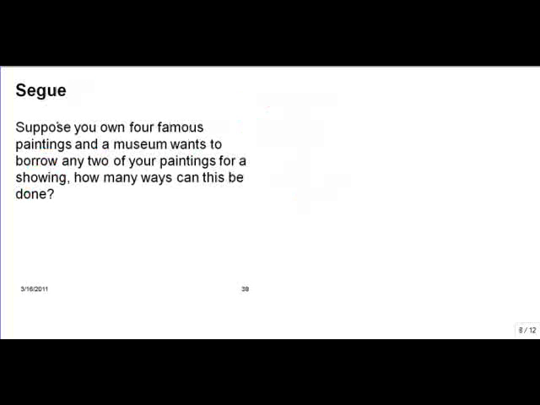So now let's take a look and go back to our picture example. Again, I'm using the fact that we have pictures A, B, C, D. But now you own these famous pictures, and a museum, say for example the Denver Art Museum, wants to borrow any 2 of these pictures.